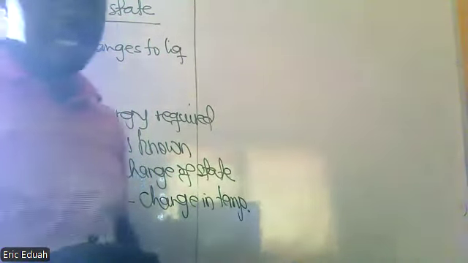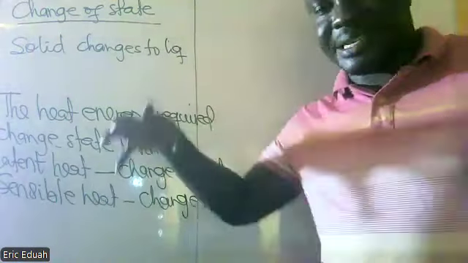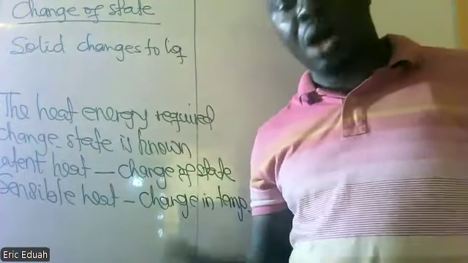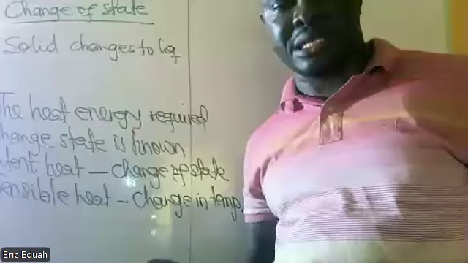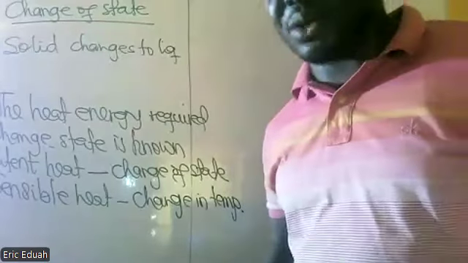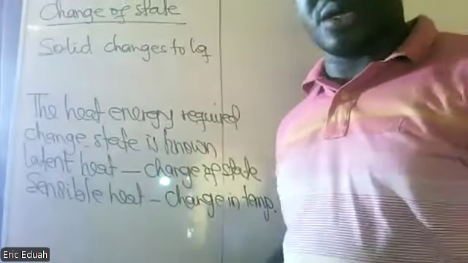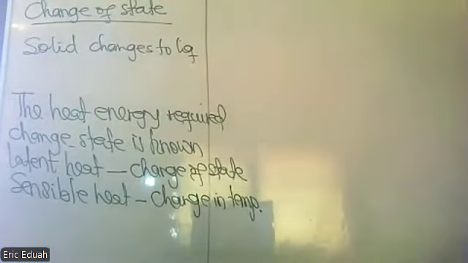So it means vapor has both latent heat and sensible heat. But water, boiled water at 100 only has latent heat. And this is the reason why vapor is more injurious than boiled water.